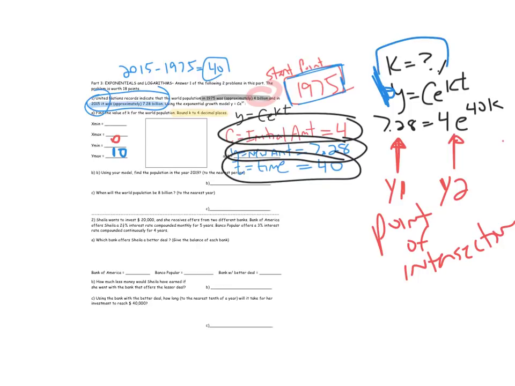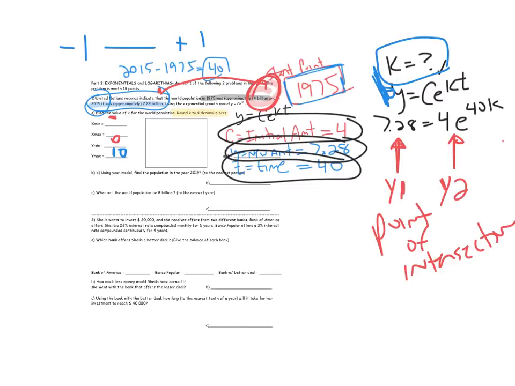Remember, letter K is always a decimal or a fraction in between -1 and +1. If the growth in the question is decreasing as time goes by, K will be negative. If the value is increasing as time goes by, here our population is going from 4 billion up to 7.28 billion, so here our value is increasing, so our k is going to be positive.